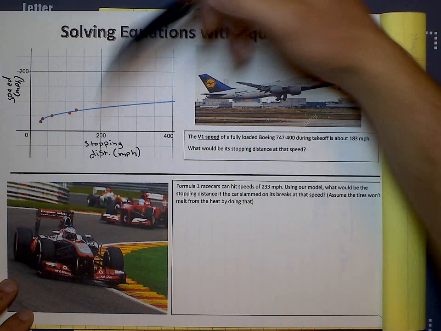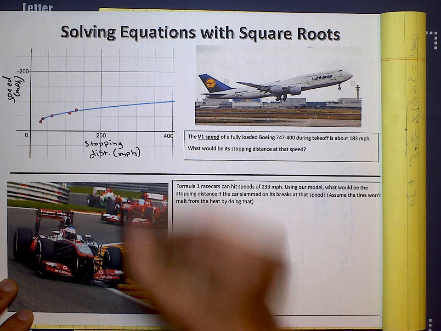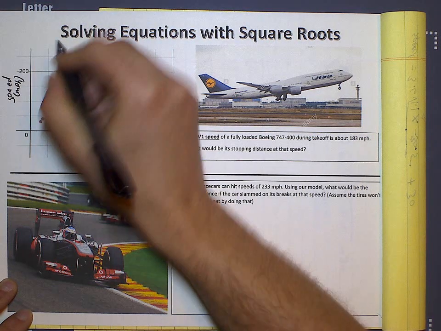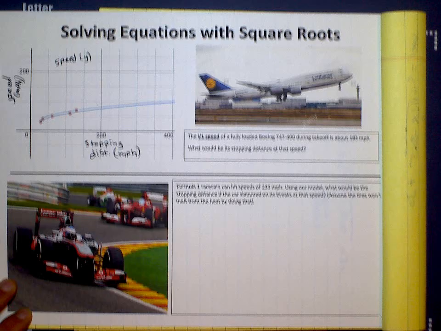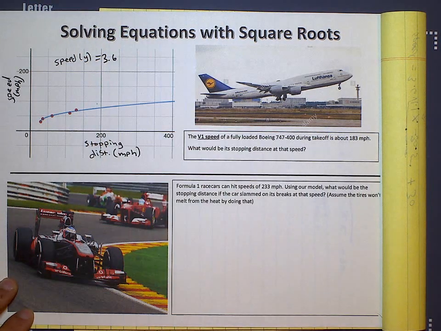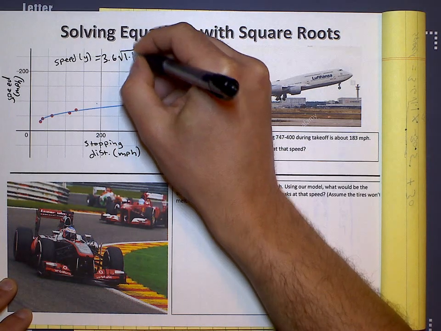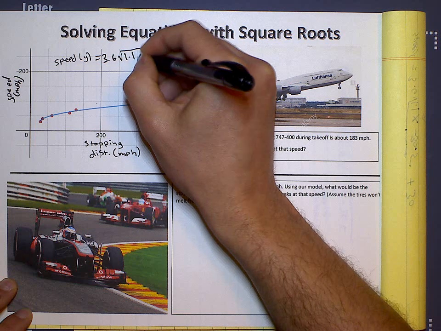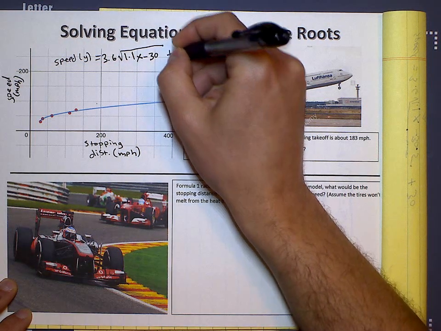So the equation that best models the speed and the stopping distance of a vehicle is something like this. It was speed, and of course that's the y-axis, is equal to, and we got these numbers from Desmos, 3.6 square root of 1.1 times x minus 30, and then plus 30.